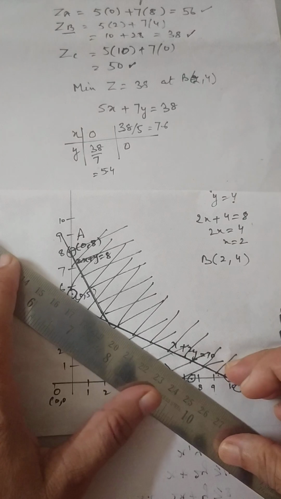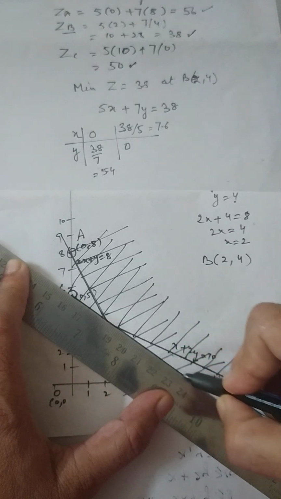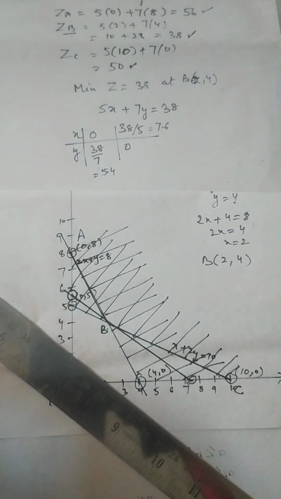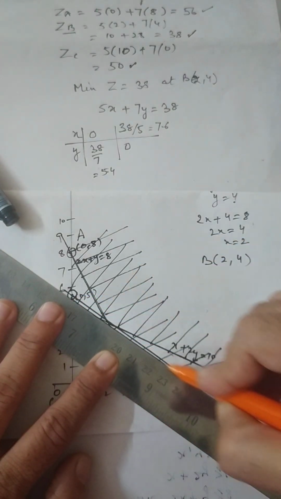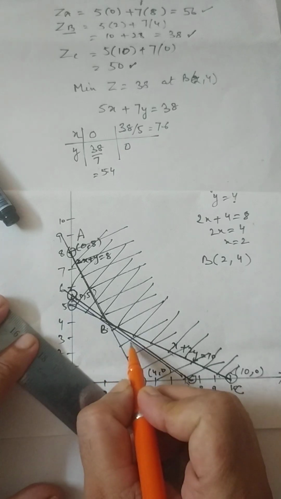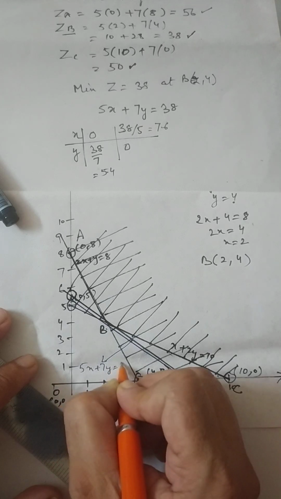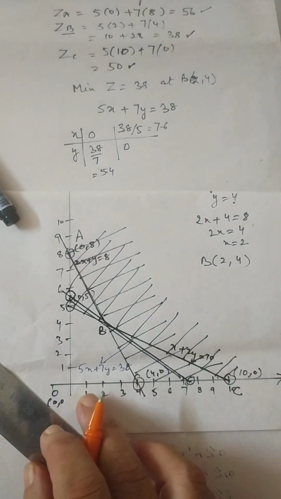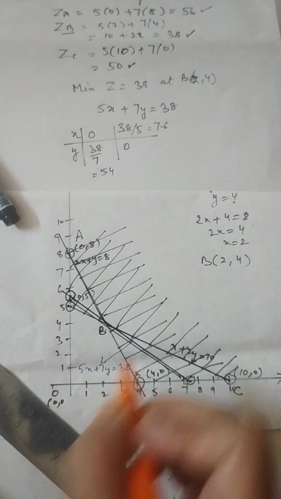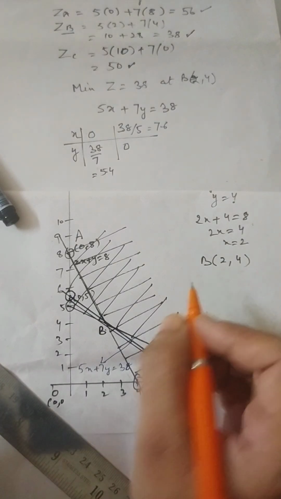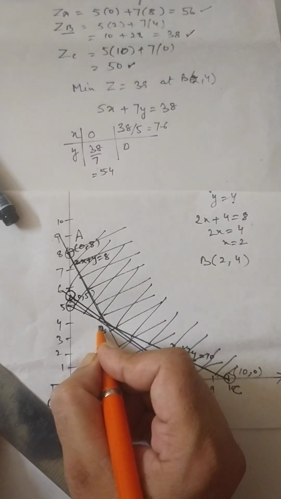So if you draw it, this is the graph, 5x plus 7y equal to 38. And you find that there is no other value except the point B which is common to the feasible region. So this means that the minimum value of this Z function is 38 at the point B. So this is how we calculate.